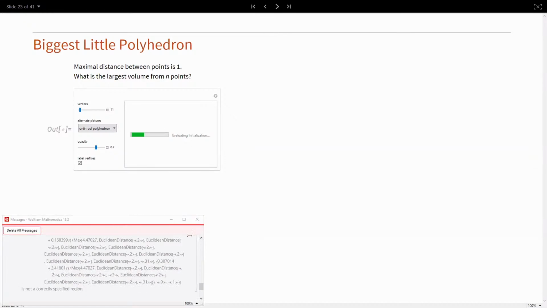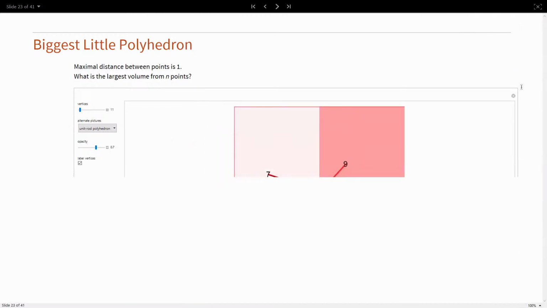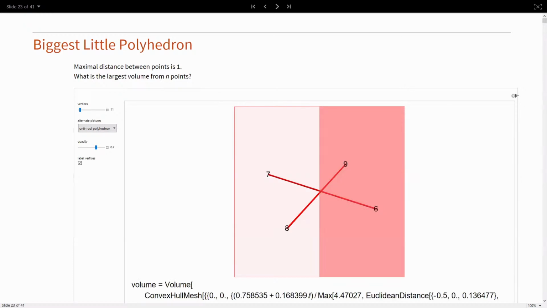Oh, something doesn't seem to work now. Let me try reevaluating this. If I can grab it here. Oh, well, let's just skip this one.